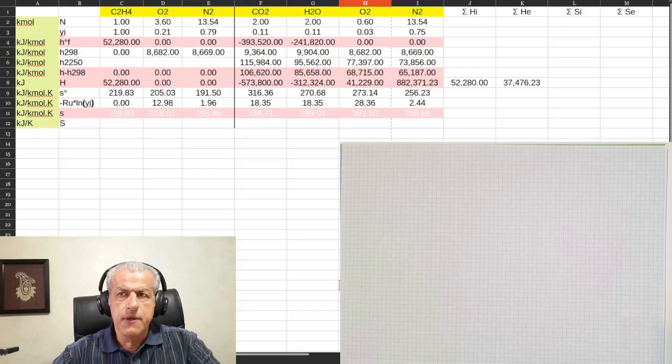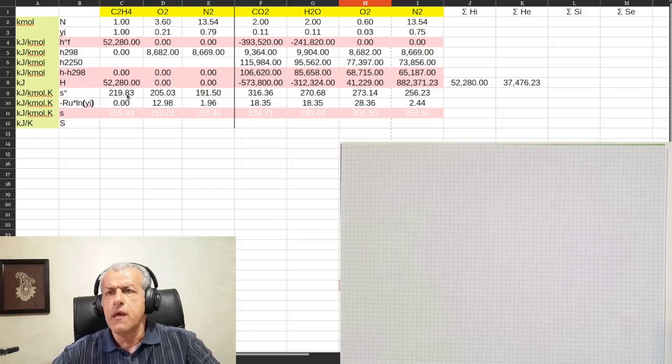Now, you see, these values are the entropies of each kilomole of the constituent that is shown. So this is the entropy of each kilomole of C2H4. This is the entropy of each kilomole of oxygen. This is the entropy of each kilomole of nitrogen, and so on.